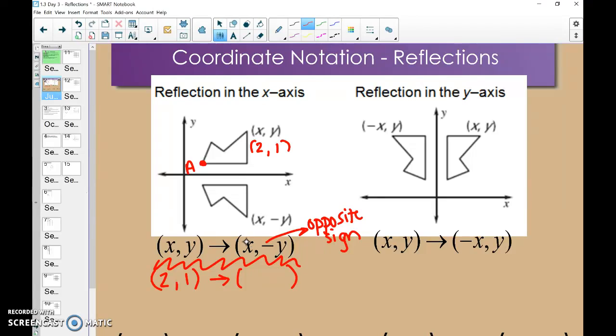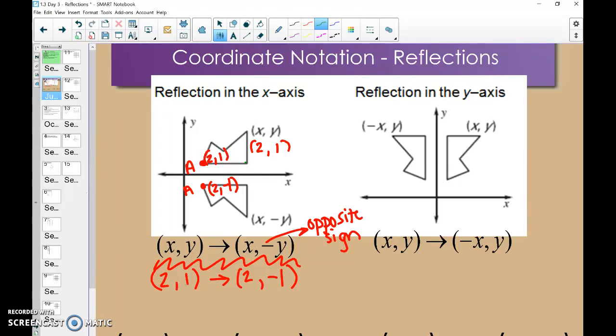So in other words, if my original x value was 2, it's still going to be 2. If my original y value is 1, it's going to flip and become -1. So that means that this A prime down here, if this is 2, 1, this must then be 2, -1, and then you can use that to find the other points. Okay, so that's what that means. That's what that notation is referring to.